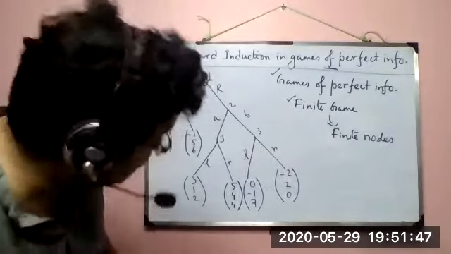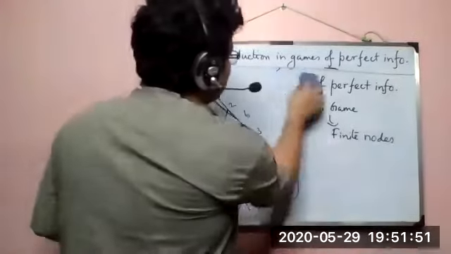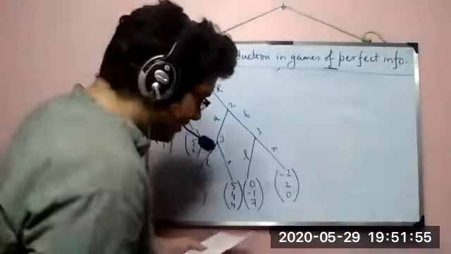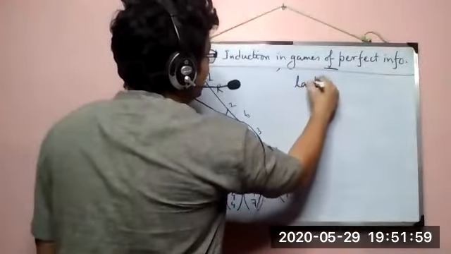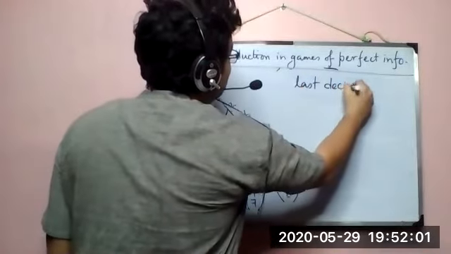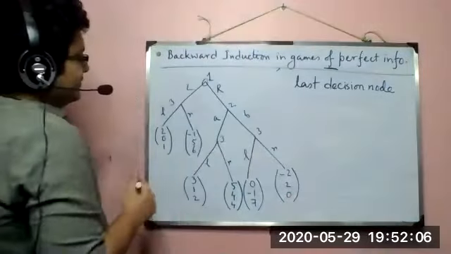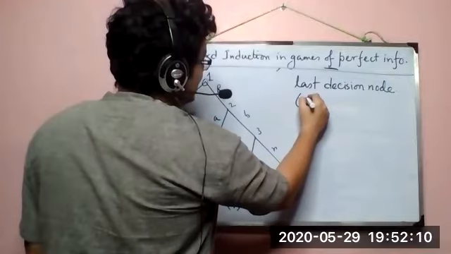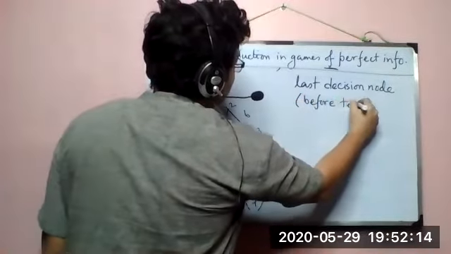The method is this: we start from the end. Backward induction starts with the final or last decision node, the decision node before a terminal node.